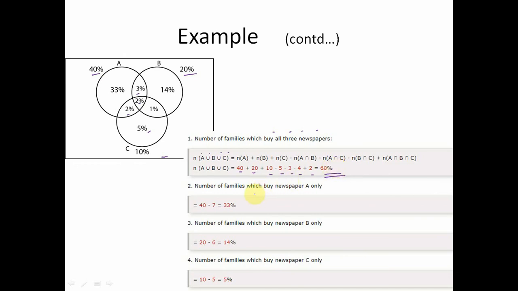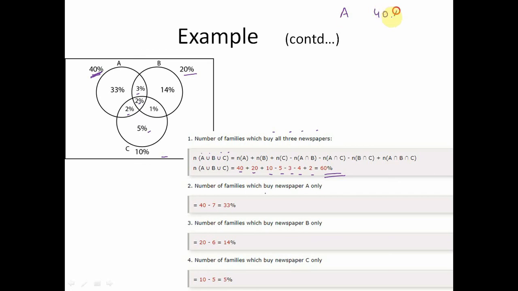Now I have to find out the number of families which buy newspaper A only. If you make this Venn diagram, then this type of question becomes very easy. Let's write the values once again over here.